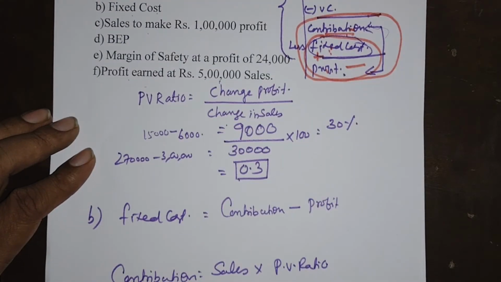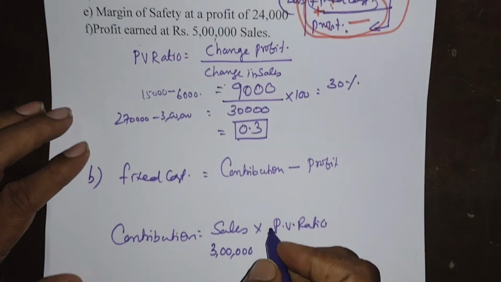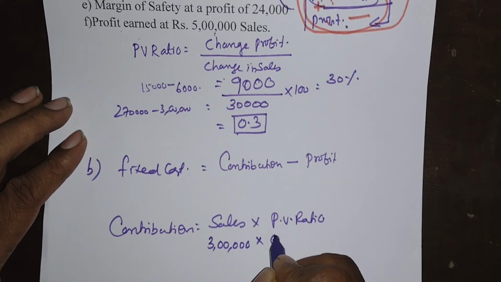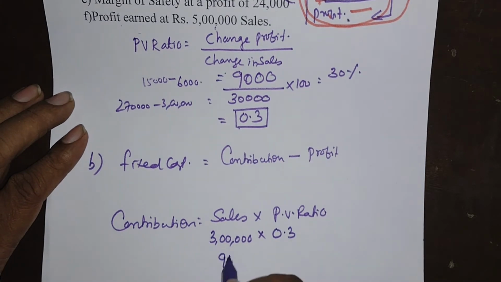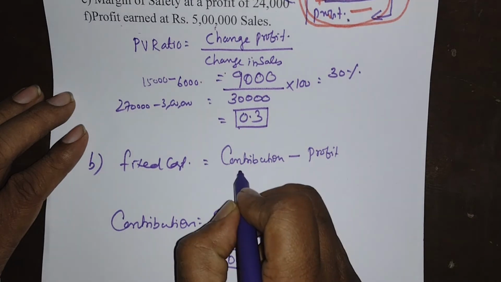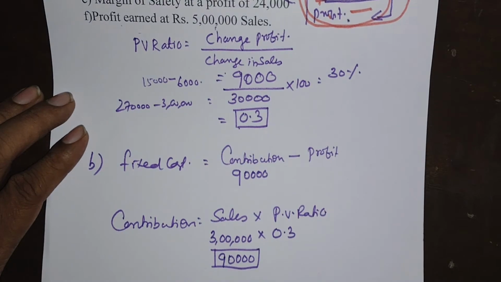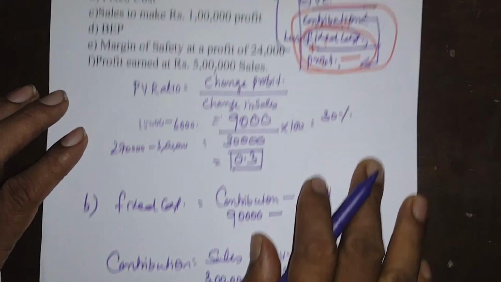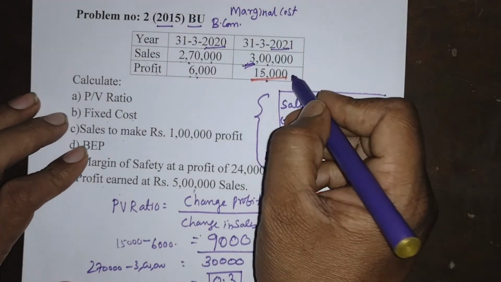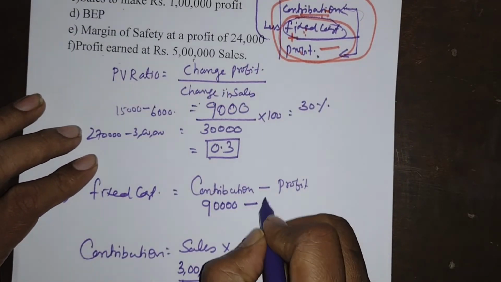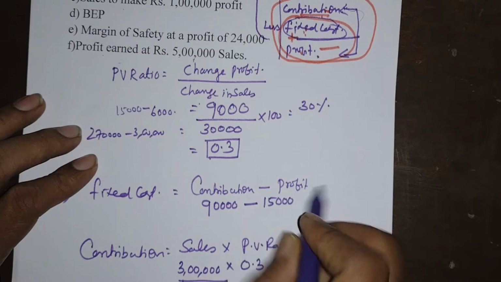Therefore, 3 lakhs into PV ratio 0.3. 3 threes are 9, so 90,000. Contribution 90,000 minus the profit for the current year, 15,000.